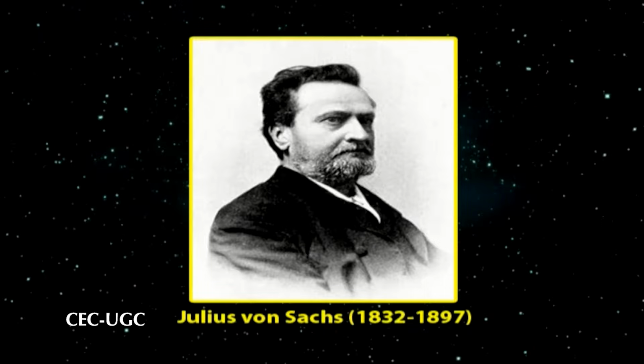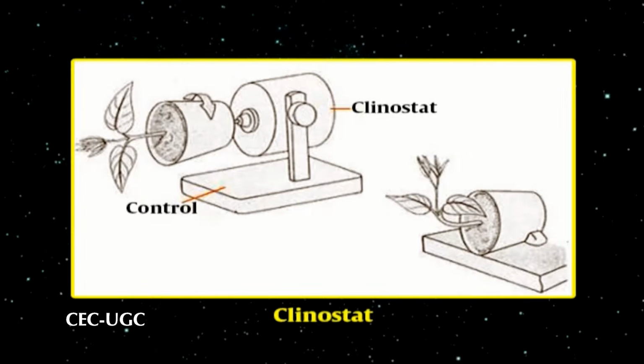In fact, before Darwin, the scientific studies on plant movements were pioneered by Julius von Sachs. Julius von Sachs is credited with the invention of the clinostat. This clinostat was later used to study the various types of plant movements.